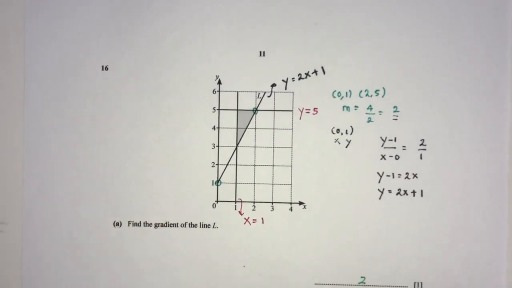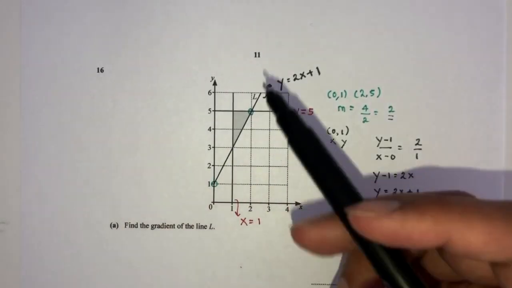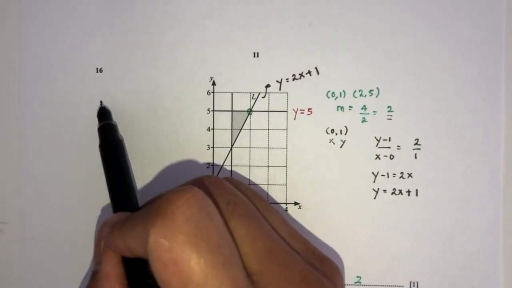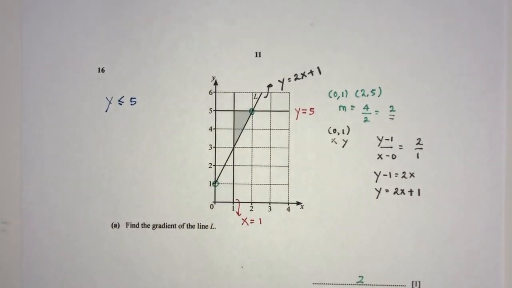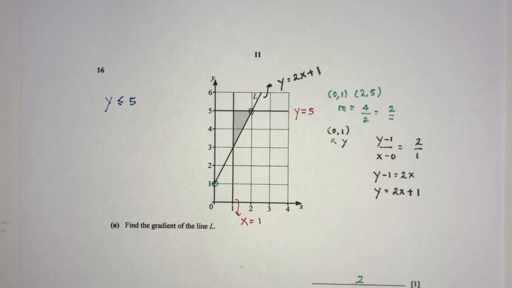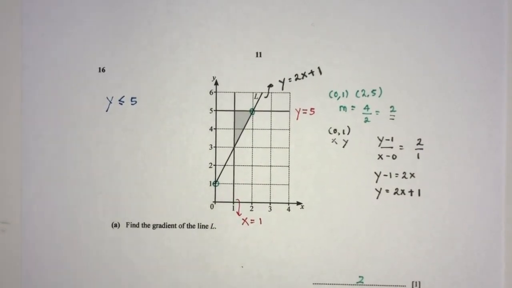Let me write this on the side actually, because we can see clearly. So first one has to be below this one, so y has to be less than or equal to 5. Again, for the region shaded, we can always use inclusion, because the reason why I'm using the equal sign here is because the lines are not dotted. It is not dotted lines, it is not broken lines.